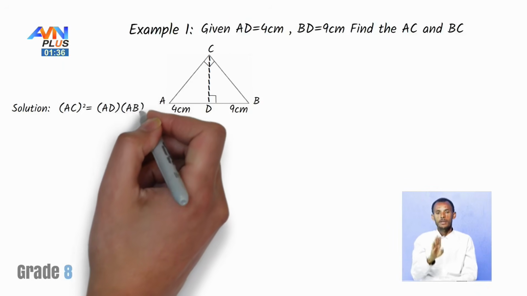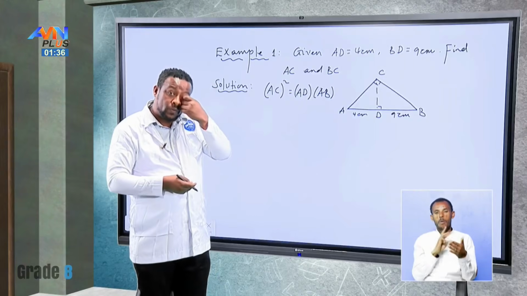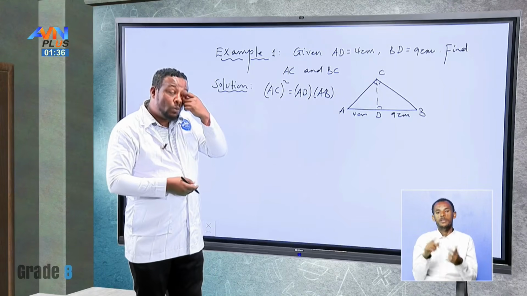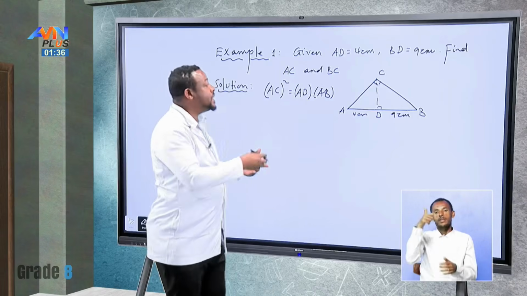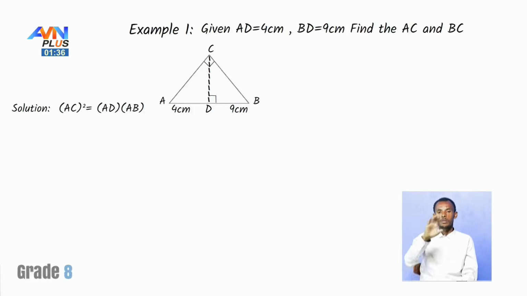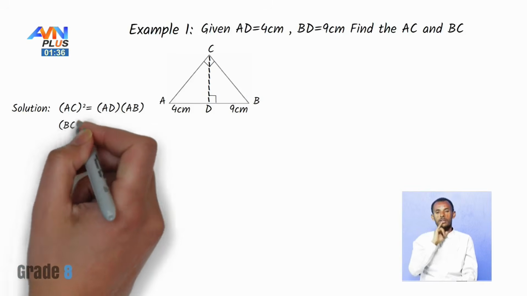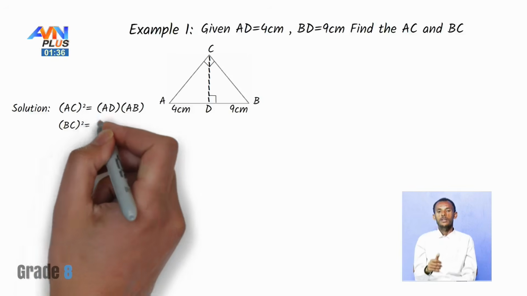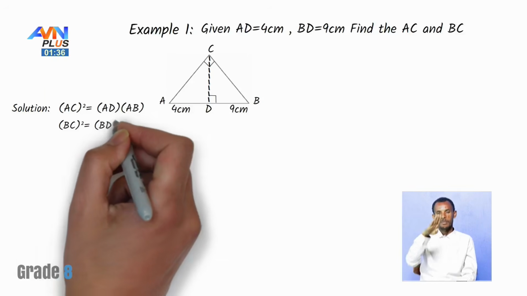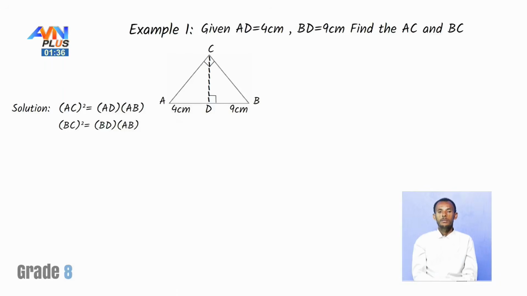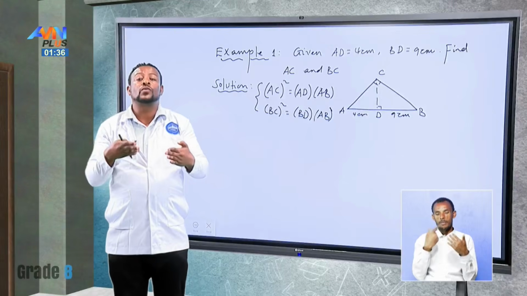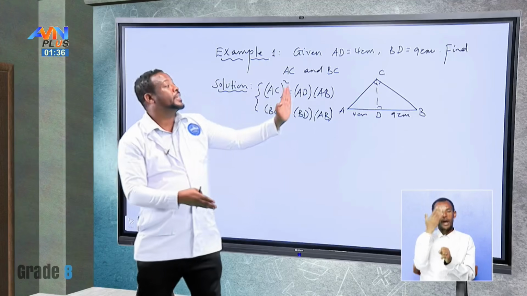Okay, this is one of the formulas that we have already proved, right? The second formula is the squared value of the other leg, BC square, is equal to the adjacent segment, BD times the hypotenuse, AB. Good. So you need to have these two formulas to find the unknown sides in this triangle.